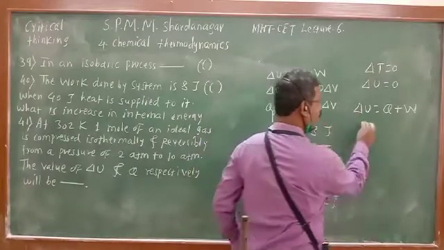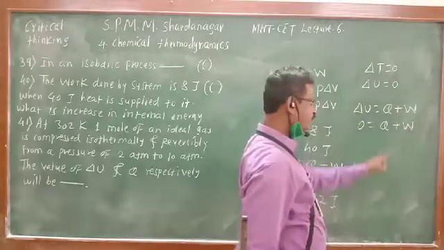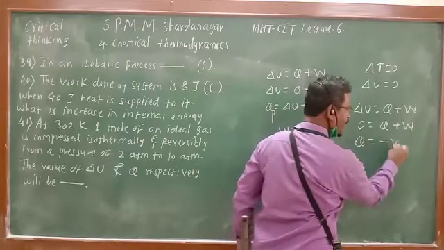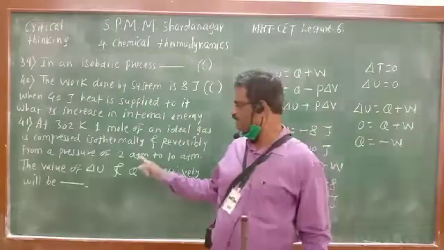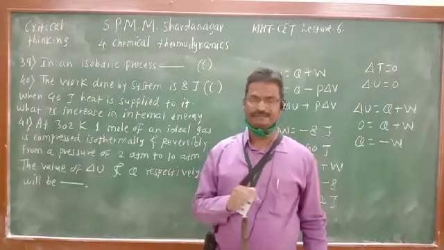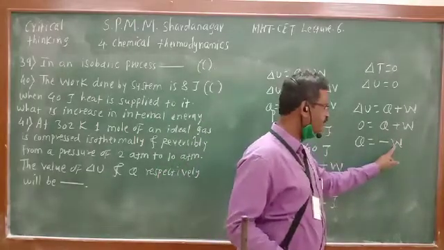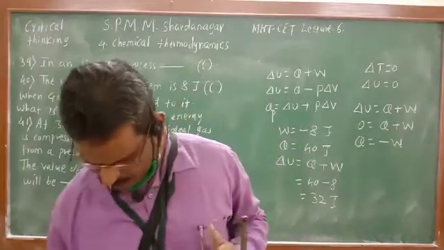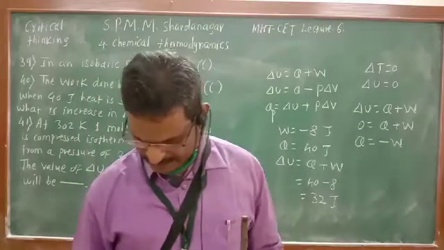Delta U is 0, so 0 will be equal to Q plus W. From this equation, Q will be equal to minus W. But the process is compression, so work done is positive. Since W is positive, Q will be negative, and the option where delta U is 0 and Q is negative is nothing but the second option.